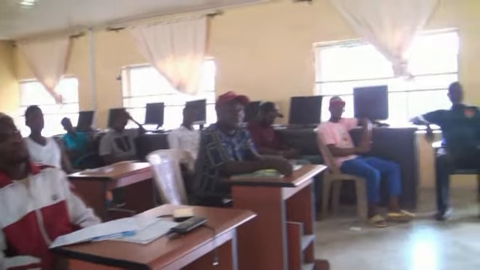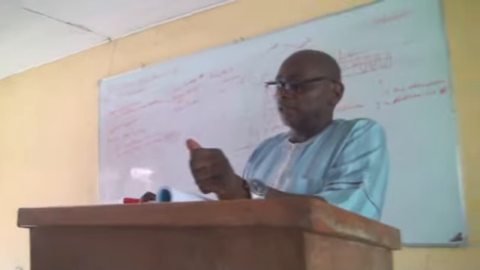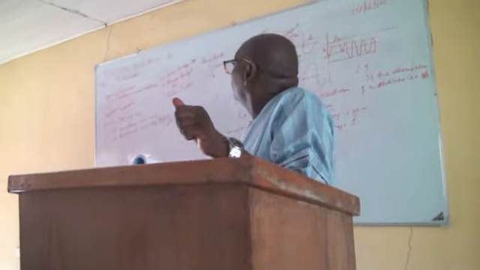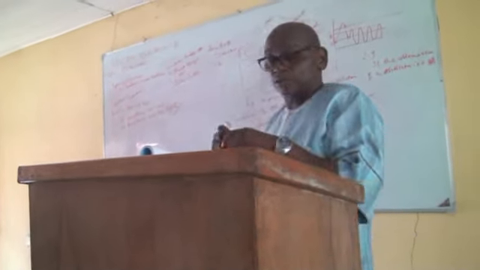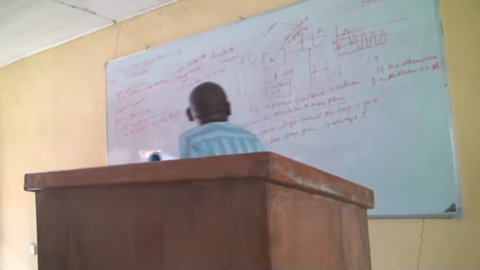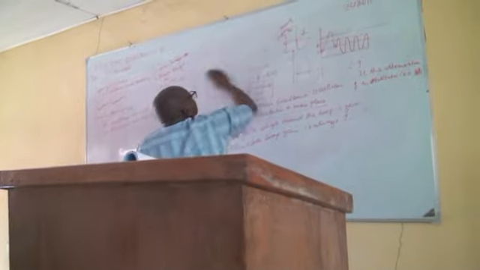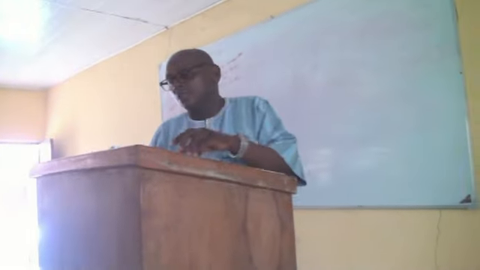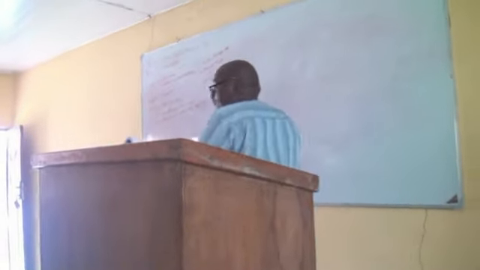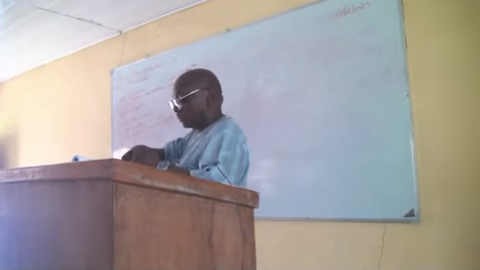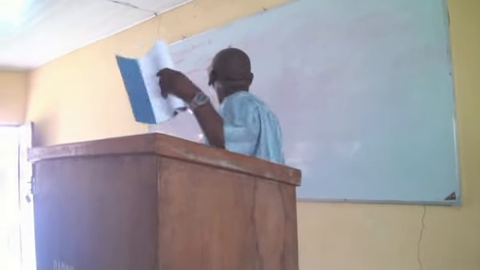That's it. So let us look at the Wien-Bridge oscillator. The Wien-Bridge oscillator here is one of the RC circuit oscillators that we have on the board. And I think I should clean the board this side, right? So now this one has a diagram that looks like this.